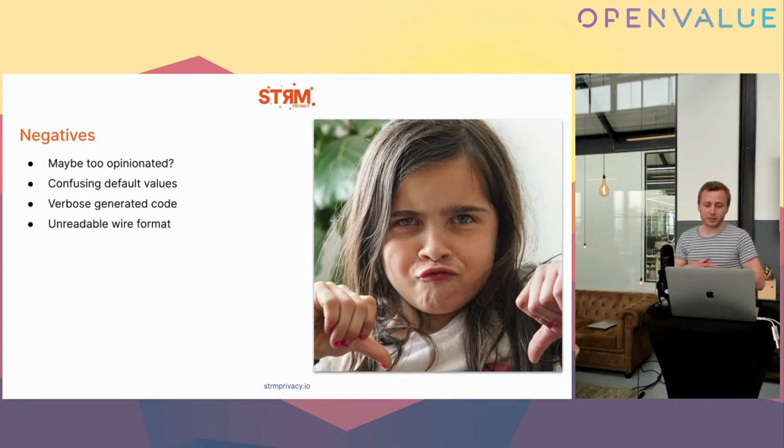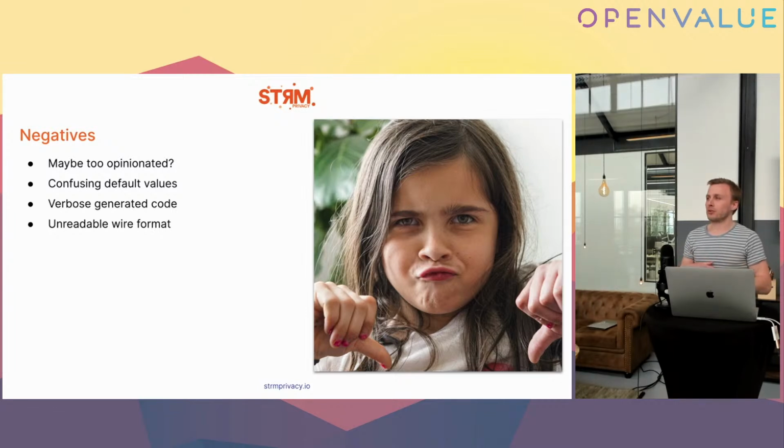Then the negatives. Well, opinionated can be too opinionated. This is a matter of preference, of course. We don't feel it's too opinionated, but at the beginning we had to disable a lot of linting rules because we just didn't agree, or we didn't feel the need yet to have pagination, for example, by default in all of our APIs.